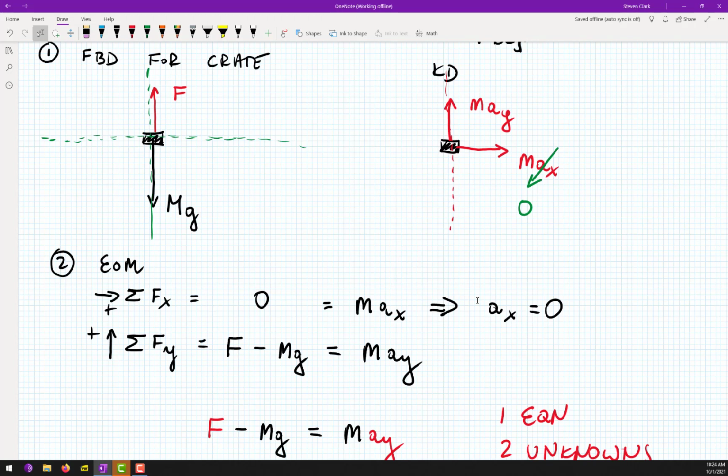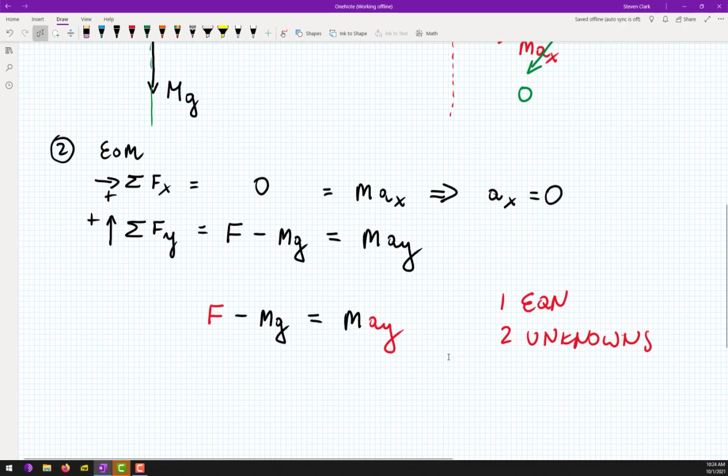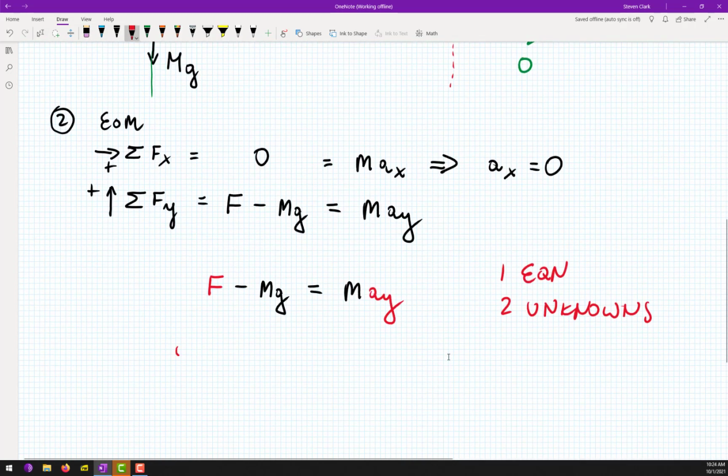We have one more piece of information: that our crate, or let's call it body B, has acceleration AB in this direction, AY. It has no X component. This is also important information, just keep that in mind.